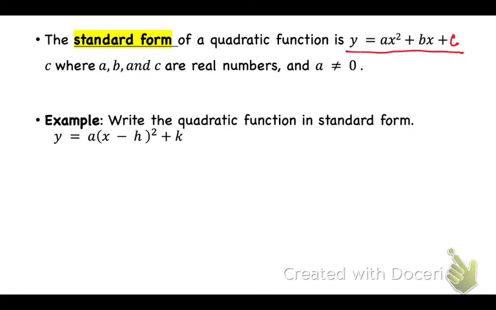Standard form is ax squared plus bx plus c. A, b, and c are real numbers, and a cannot be 0. If a is 0, it is linear, not quadratic. It's just c, not cx.